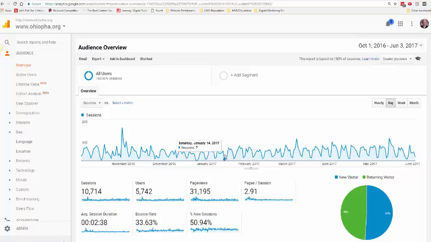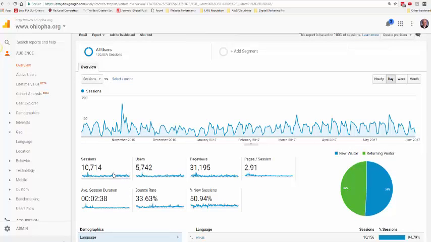So we've had over 10,000 sessions, 5,742 users, 31,000 page views, almost 3 pages per session, 2 minutes and 40 seconds roughly is how long people are spending on a session.